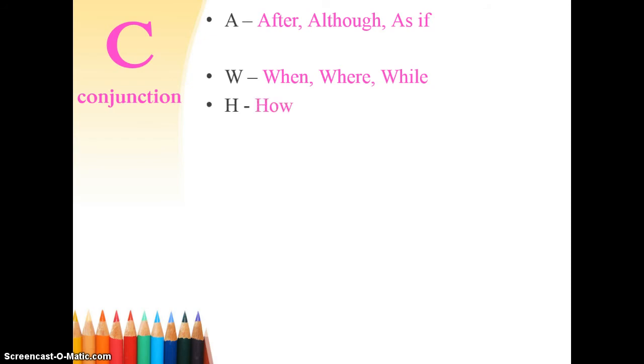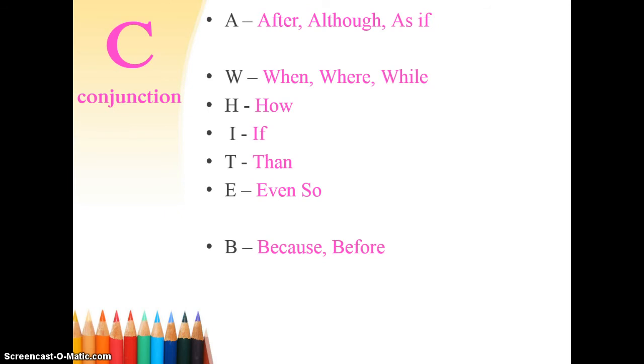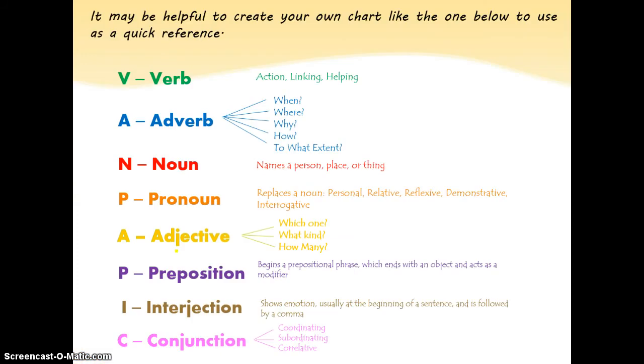H, how. I, if. T, than. E, even so. B, because or before. U, until or unless. And S, since and so that. All of these are very commonly used subordinating conjunctions.